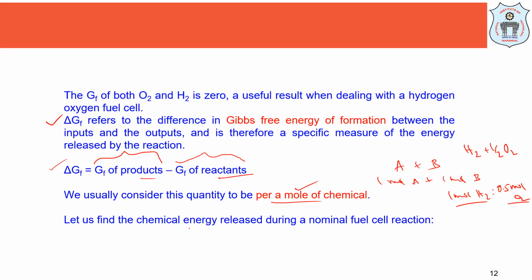So let us find the chemical energy released during a nominal fuel cell reaction. For that we should know what reaction is taking place. We have seen that a reaction takes place at the anode. What is that?